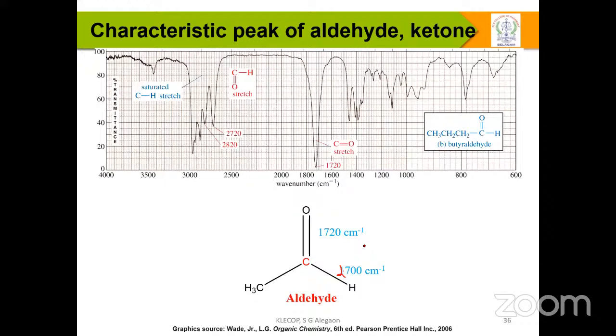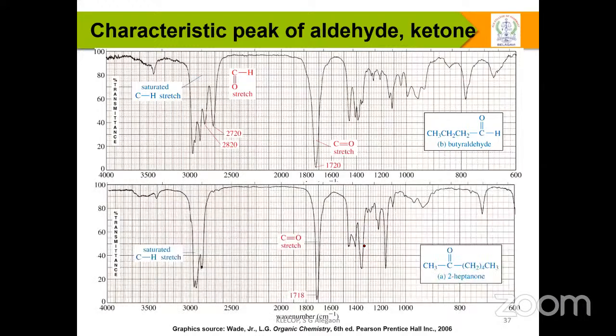This is one of the major differences we observe between the aldehyde and the ketone. In the ketone we are not going to observe the 2750 or 2720 peak. The C double bond O stretch is more or less around 1720, and here I observe around 1718.